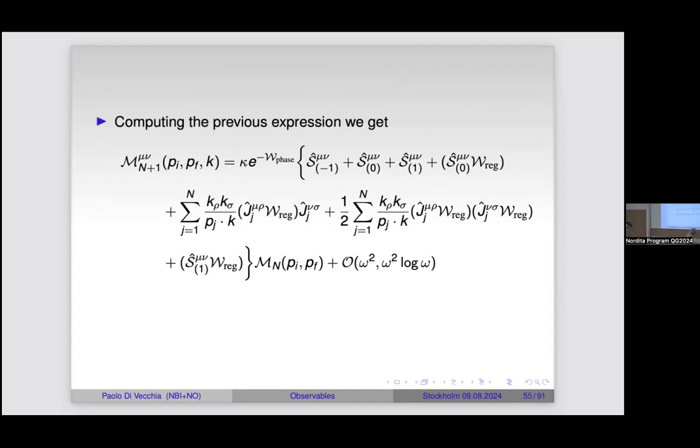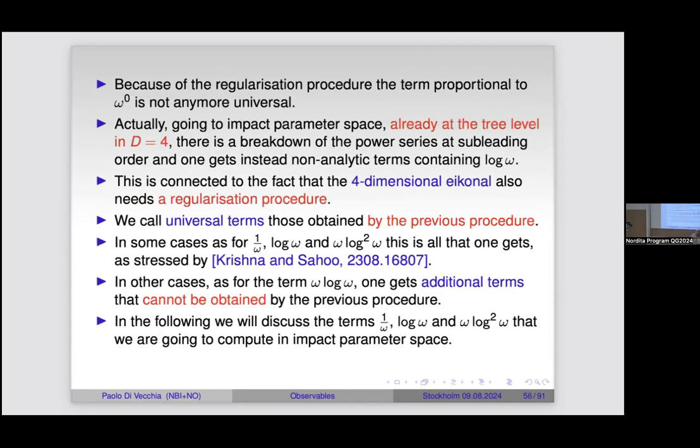And so if you expand, you find various terms. However, before there was a soft theorem in 1 over omega, omega to the 0, and omega to the 1. When you go to impact parameter space, in loop space, with the regularization procedure, you see that the term proportional to omega to the 0 is not universal anymore.